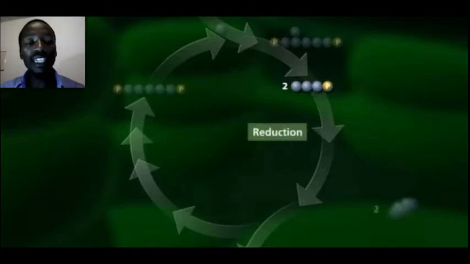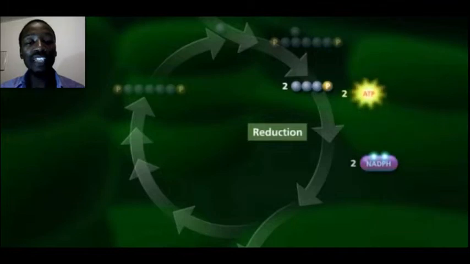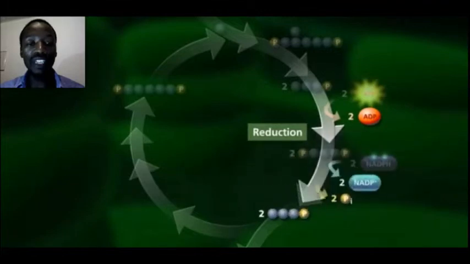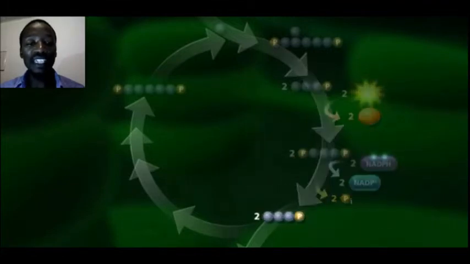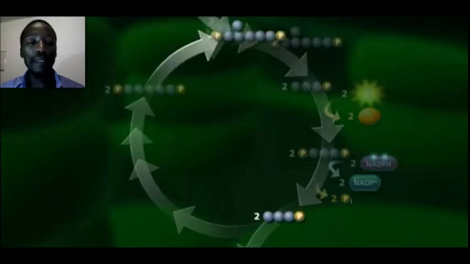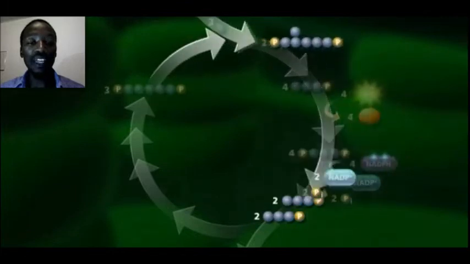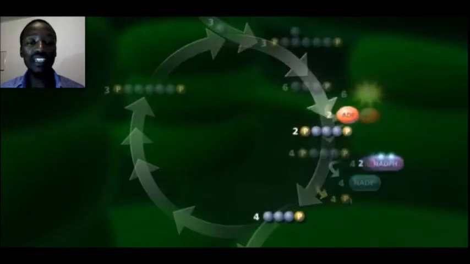Now the second phase is the phase that involves NADPH. It's called the reduction phase, where phosphorus is reduced, and there is another reduction of phosphorus again. That is a reduction process.